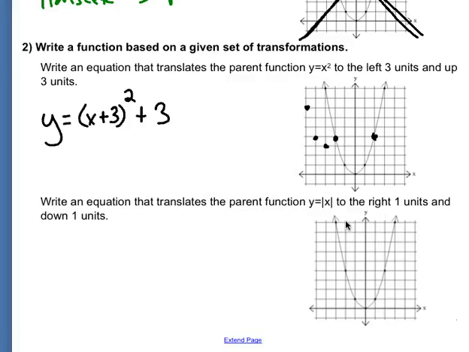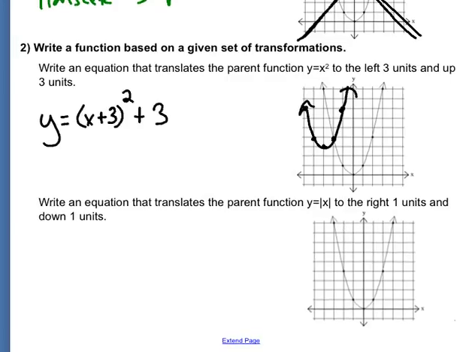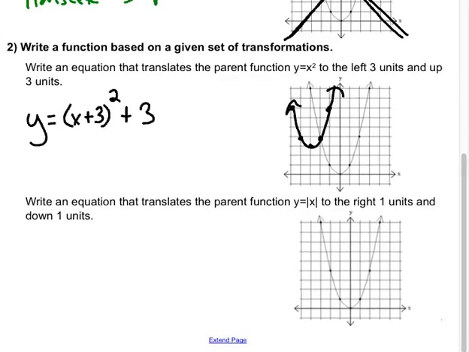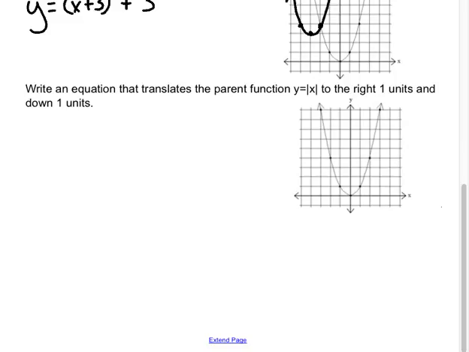I could take that point, 3 left, 3 up, put it right there. And this is what that function would actually end up looking like. Okay, you can see it actually shifting 3 to the left and 3 up. And again, this last one, I apologize, that is not in yours because again, that's not the right graph.